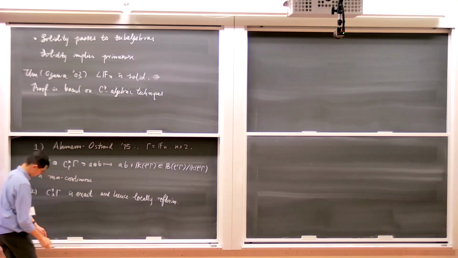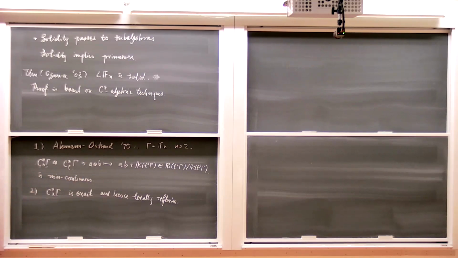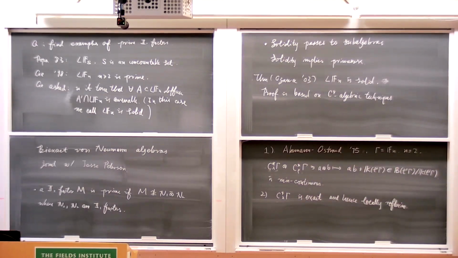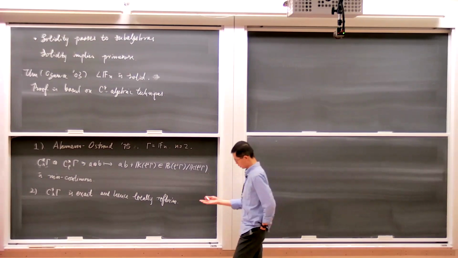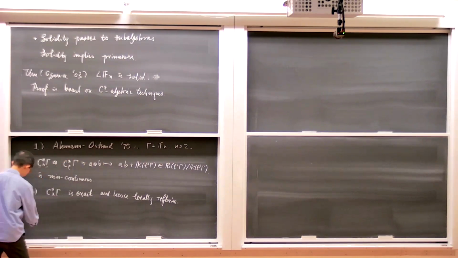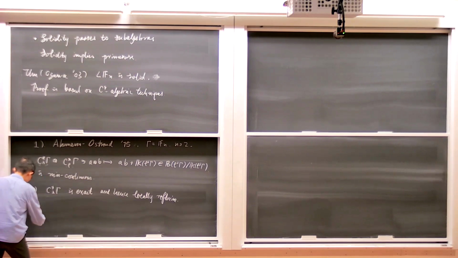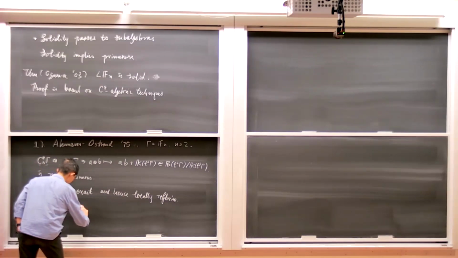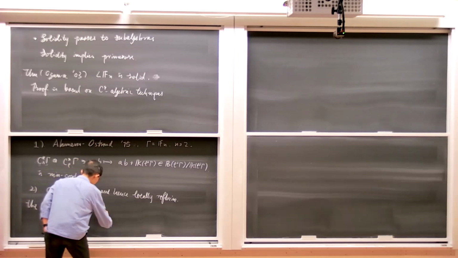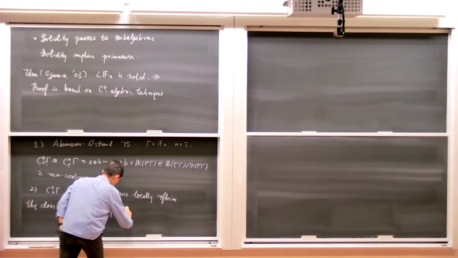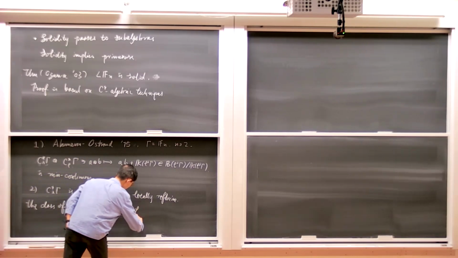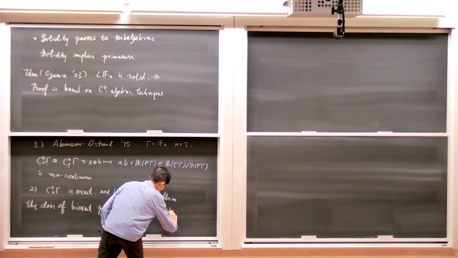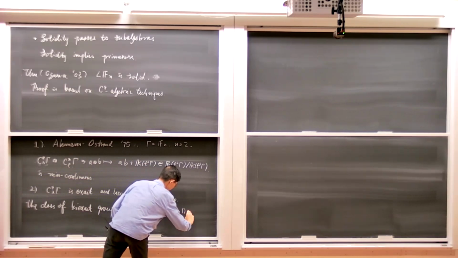And so in this theorem of Ozawa, he didn't only show that free group factors are solid, some more is true: the class of exact groups satisfying properties 1 and 2.